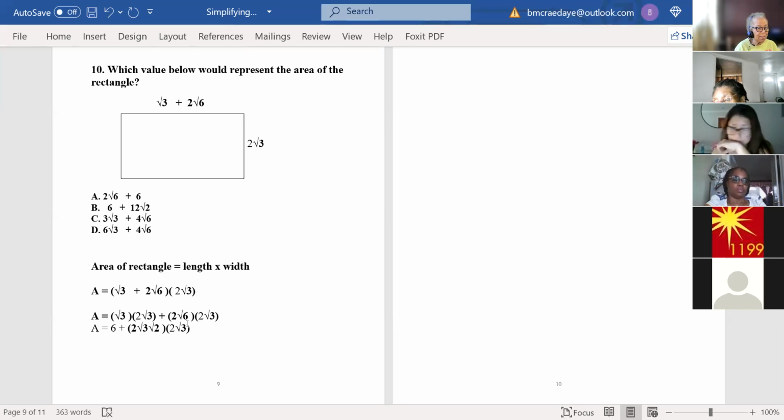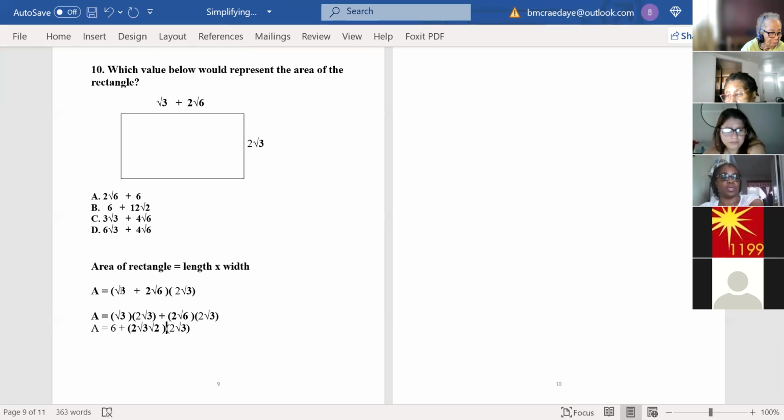Does anybody see the answer? Okay, the first half of distributive properties is 3 times 2 is 6, right? Yes, I'm doing it from the start. 3 times 2 is 6, right?